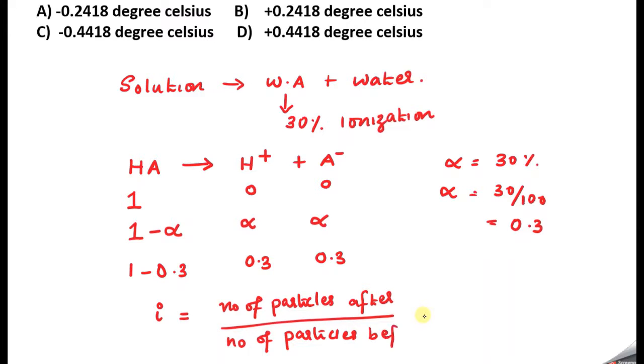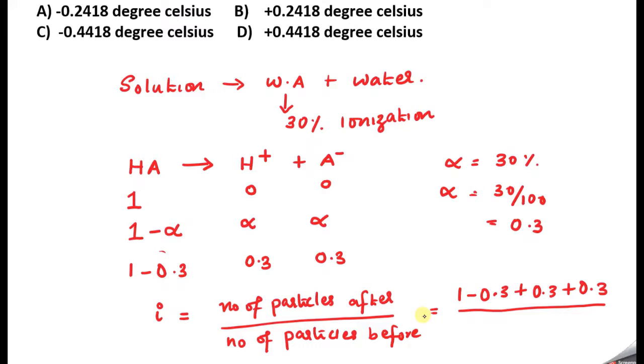Here, number of particles after means once it has undergone dissociation, what is remaining in the solution? 1 minus 0.3 is remaining. Plus what else is there? 0.3 of H plus and 0.3 of A minus. So this is the number of particles after dissociation, divided by number of particles before.